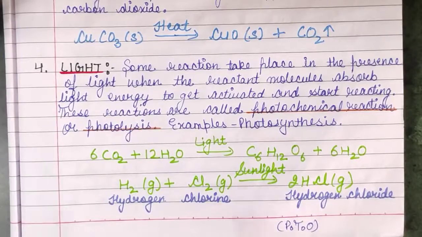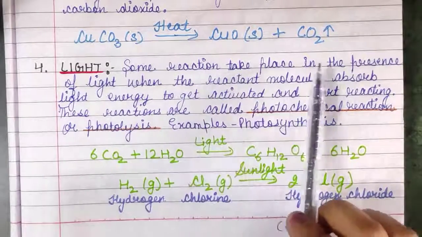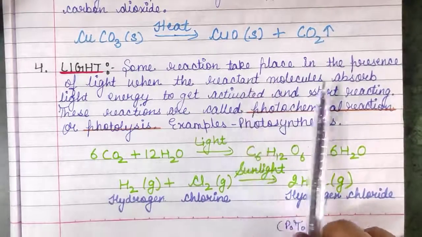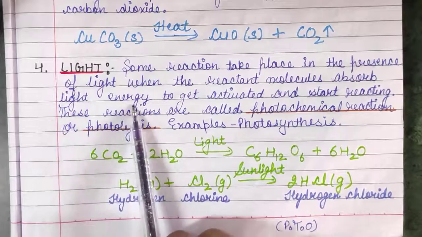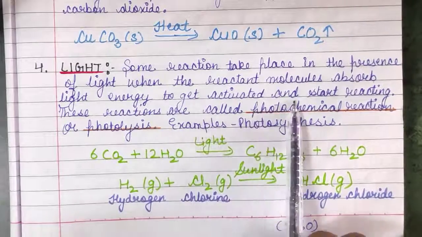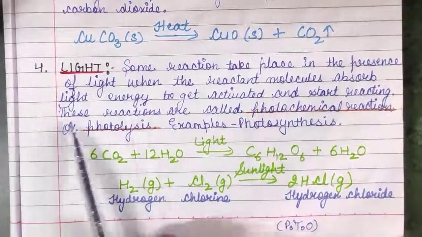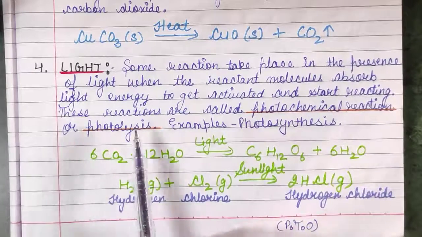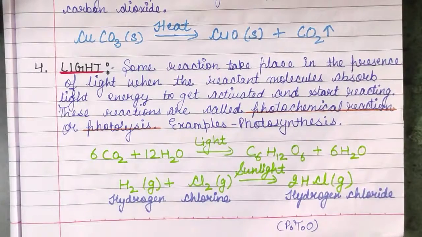Some reactions take place in the presence of light, when the reactant molecules absorb light energy to get activated and start reacting. These reactions are called photochemical reactions or photolysis. Example is photosynthesis.